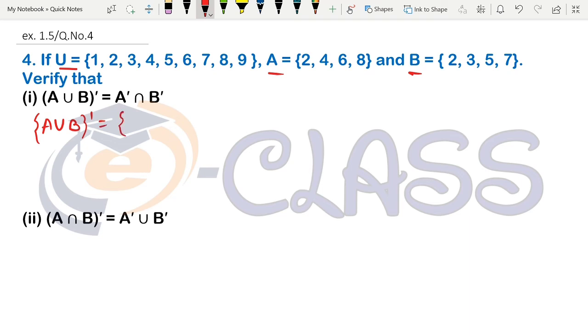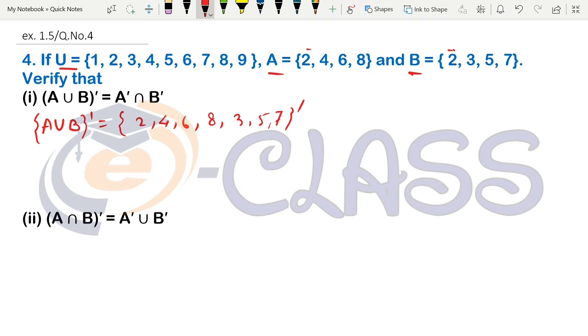So A union B: is there any common number? Yes, 2. So first of all you write 2, then the remaining elements 4, 6, 8 and then 3, 5, 7.